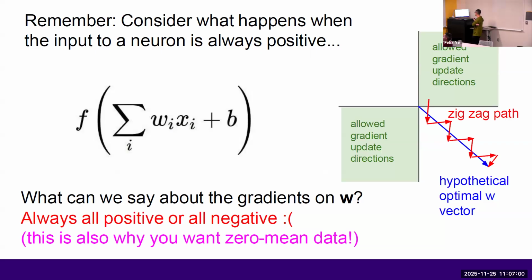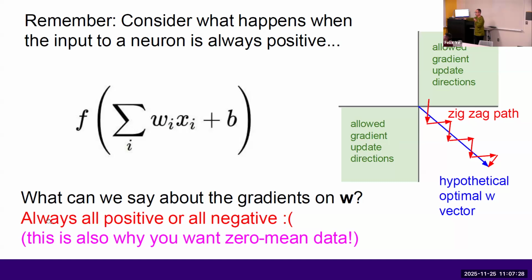Consider the case where the neuron output is always positive. As a result, my allowed gradient update is always a zigzag, because the gradient update can only be in the first or third quadrant.